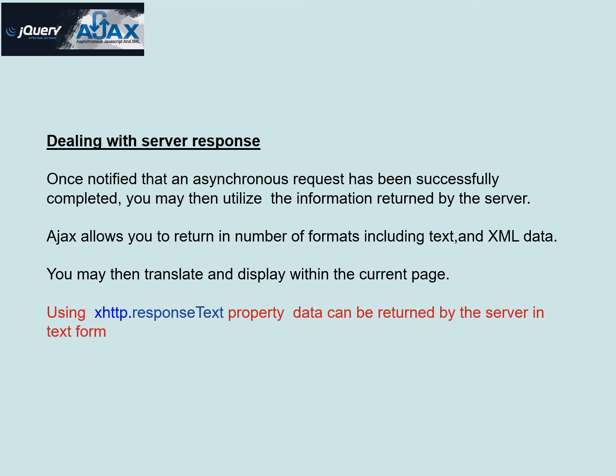Ajax permits a number of formats, like text and XML data, to manipulate the response. We can translate the response from the server and display it in the current web page. The xhttp.responseText is a property where data can be returned by the server in text format. If we are using this property, the data returned by the server should be in text form.